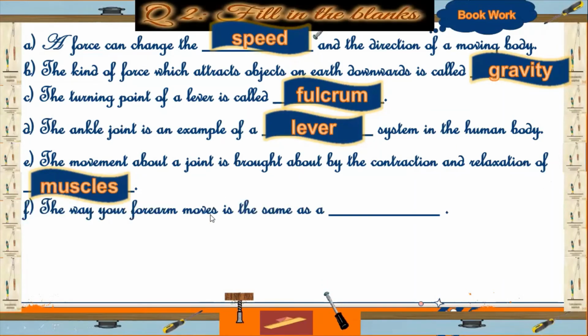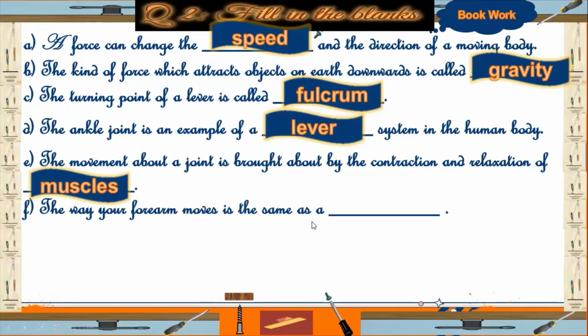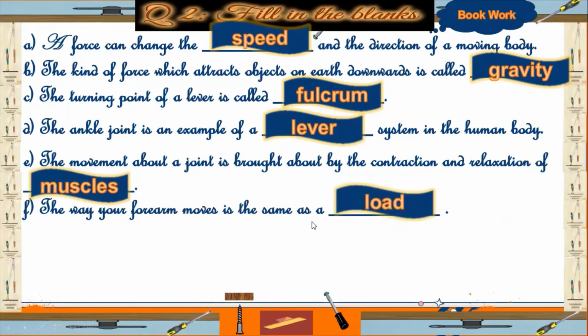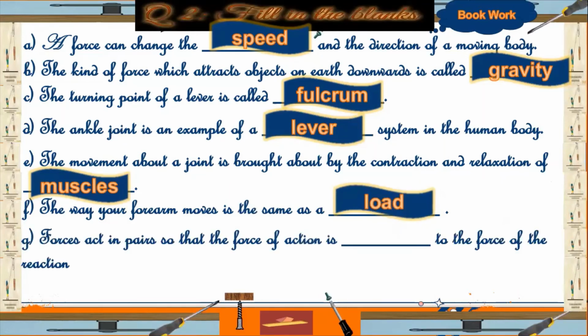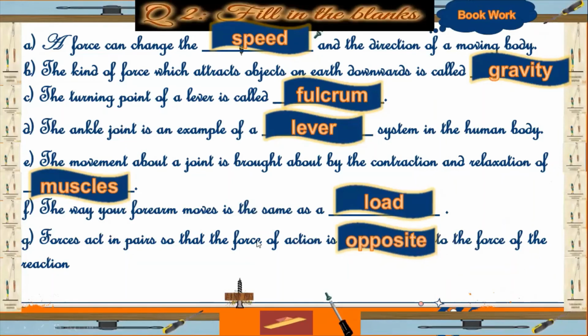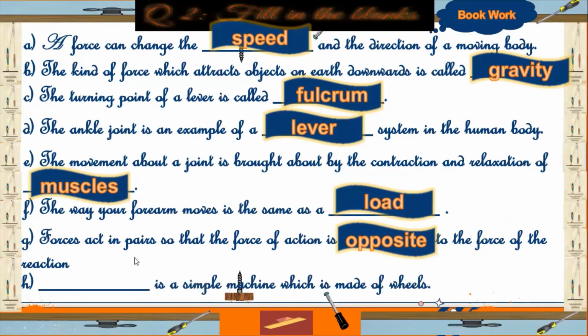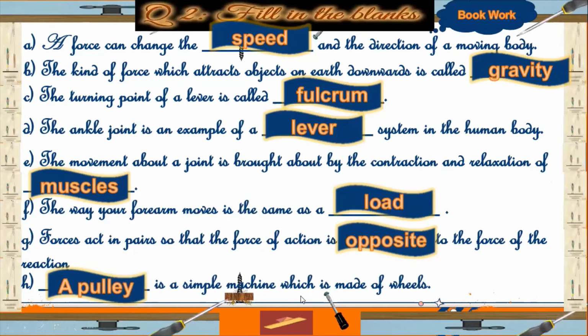The way your forearm moves is the same as a load. Forces act in pairs so that the force of action is opposite to the force of the reaction. A pulley is a simple machine which is made of wheels.